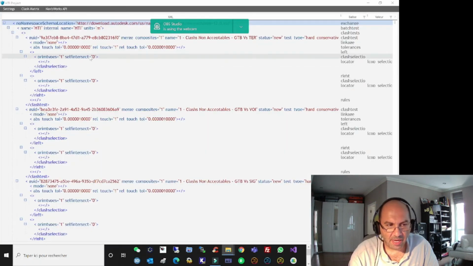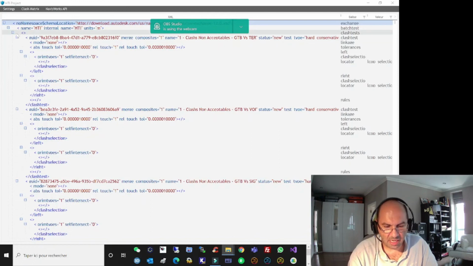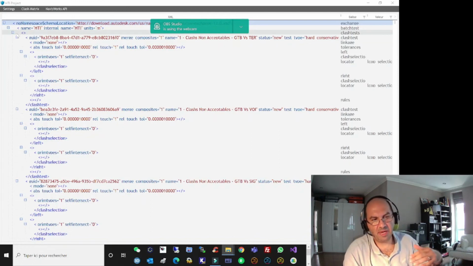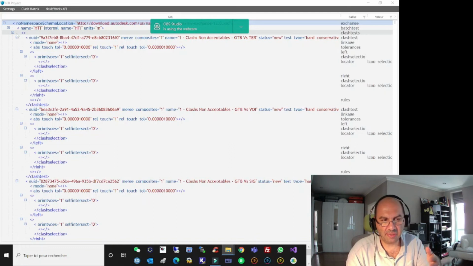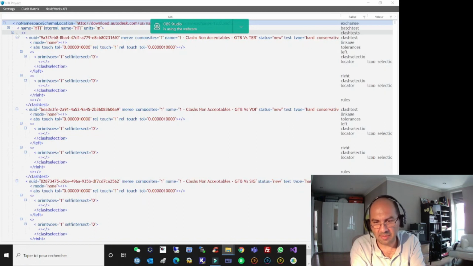So by doing this, I can meet my objectives and my goals, which were, first of all, to document my BIM execution plan according to my delivery strategy, to instruct my supply chain with a file that will allow them to work consistently with my BIM execution plan, and also to enable them to easily make the clash test of their scope against my requirements.